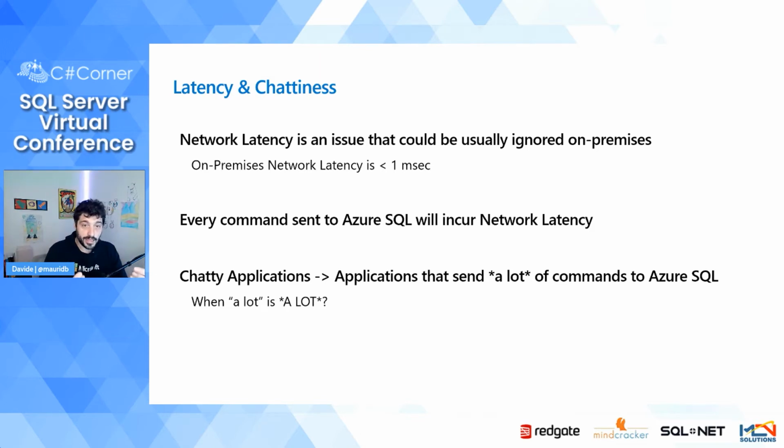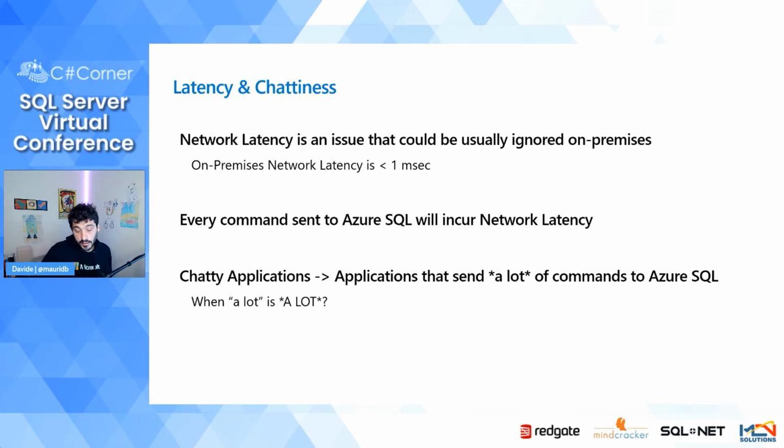But what if instead of executing one command that returns 1,000 rows, you execute 1,000 commands, each one returning 1 row? The single 1 millisecond must be multiplied by all the commands, right? So basically, you will just wait for 1 second just for the commands to go back and forth. So this will, of course, increase your latency a lot.